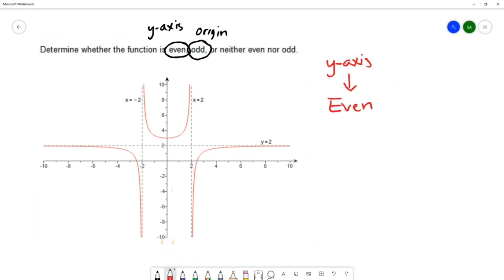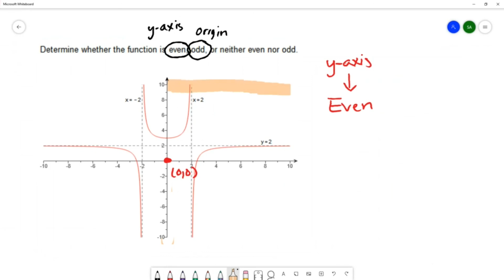The origin is where the x and y axis meet each other, cross each other. So the origin is the ordered pair 0, 0. And when a function has origin symmetry, what you would see in the picture is opposite quadrants with a mirror image.